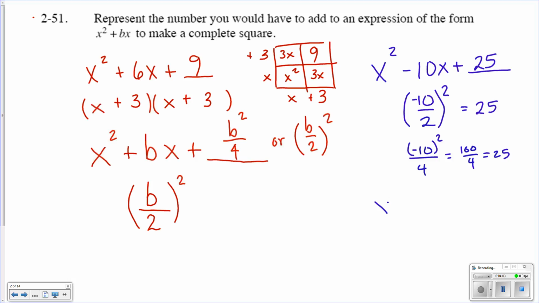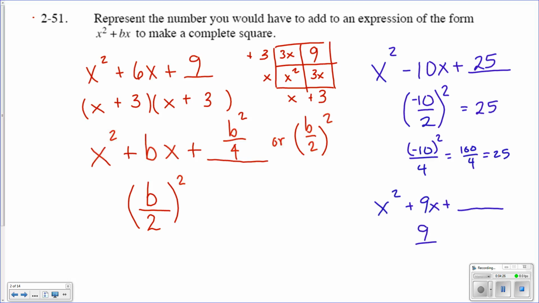Let's do one more. Let's say x squared plus 9x plus blank. Let's make it an odd number. If you've got an odd number here, the easiest way is to do the same thing.